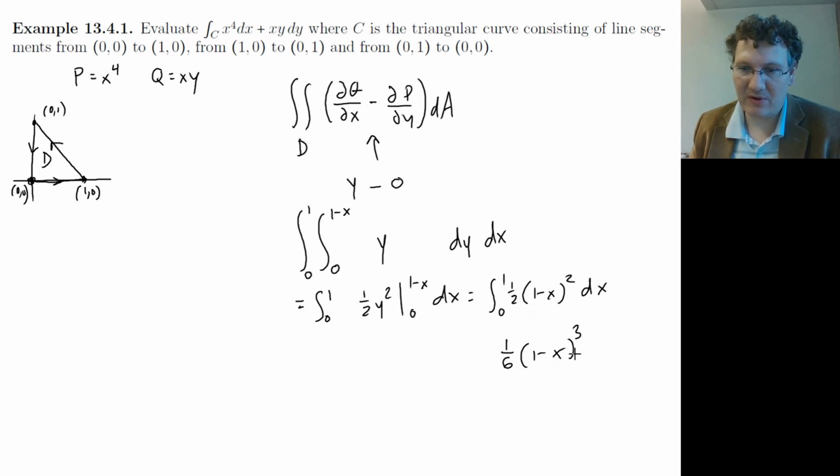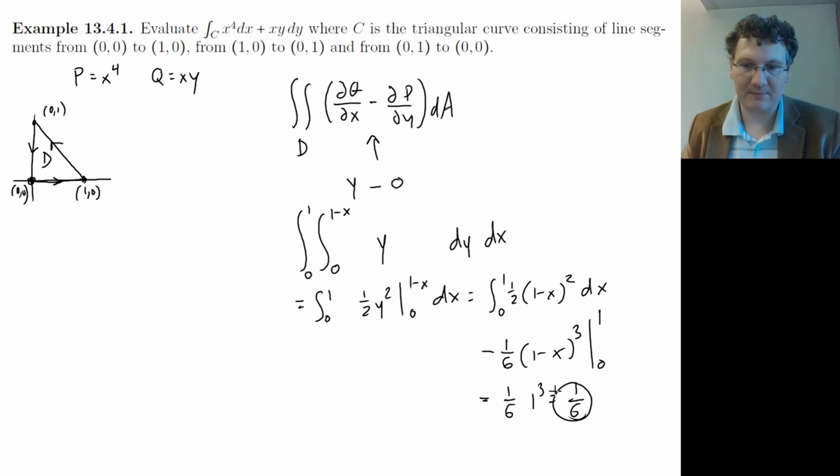Of course, the chain rule would give us a negative, so actually it's negative, from 0 to 1. At the upper bound, when x is 1, it's going to be 0, and at the lower bound it's 1/6 times 1 to the third. So altogether, this is 1/6.